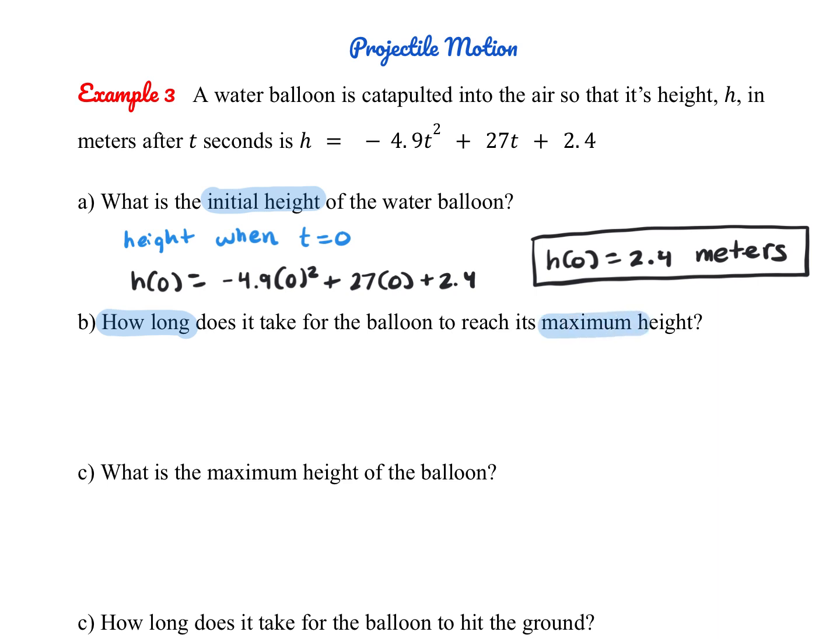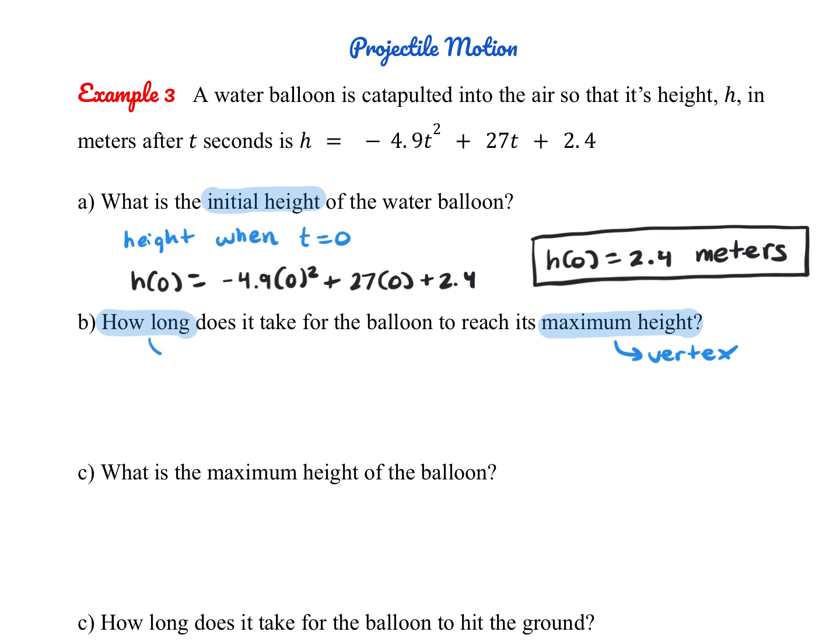Anytime you see the word maximum or minimum and you're working with a quadratic equation, we know that that's always going to be associated with the vertex. So we are going to be finding something about the vertex, but the vertex has two parts. It has an x value and a y value.